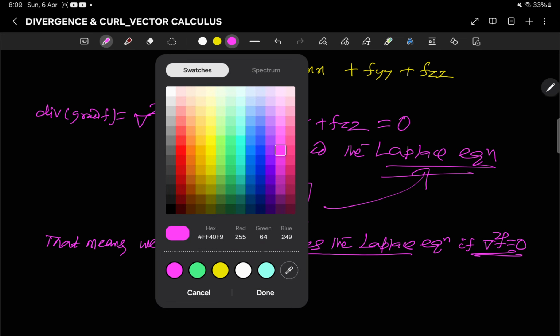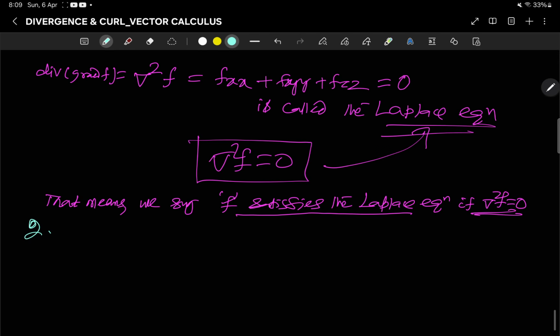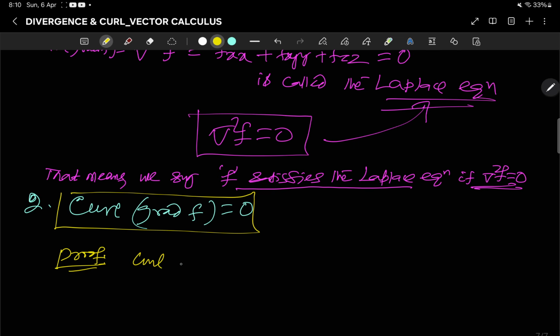Coming to another important property: curl of grad f is equal to 0. So let us prove it. Coming to the proof, curl of grad f is equal to del cross grad f, which means del cross fx i plus fy j plus fz k.